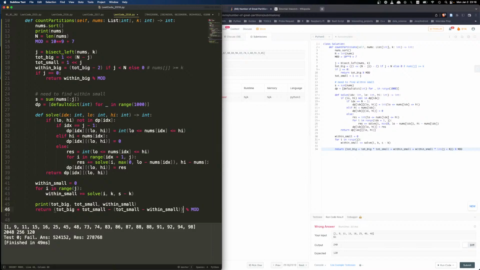Alright? These are not working. That might be right. But why doesn't my previous one work? My previous one is total big times within small plus total small times within big and minus within small times within big.